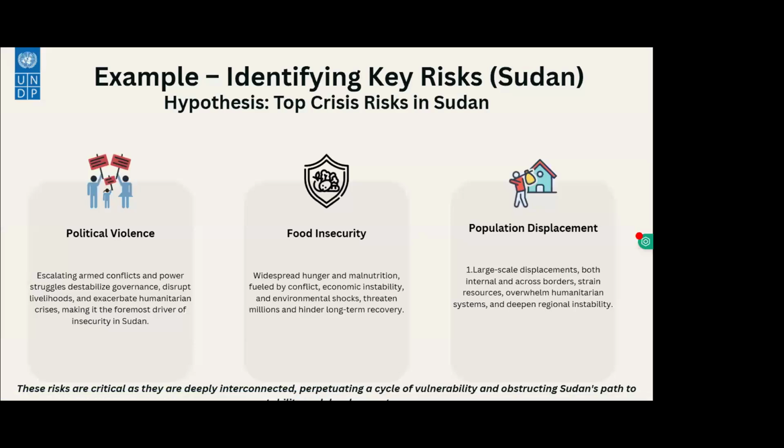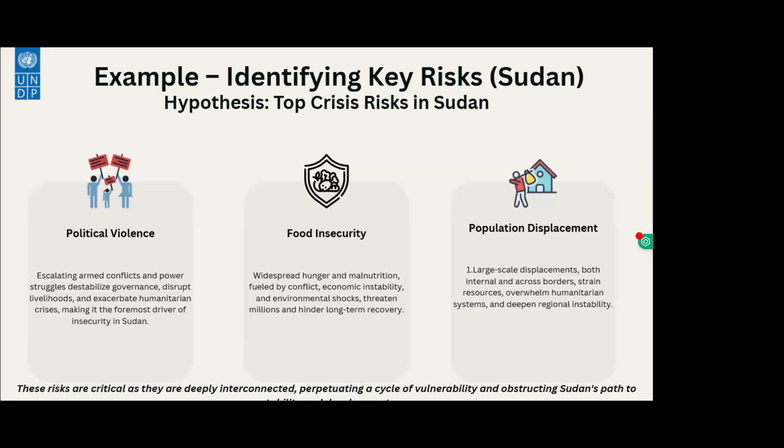Okay. So this is an example of a risk matrix for Sudan. I mean, it's a hypothetical one, but very relevant, given the recent situations in Sudan for the past few years.